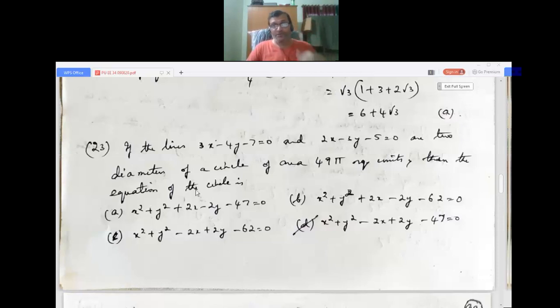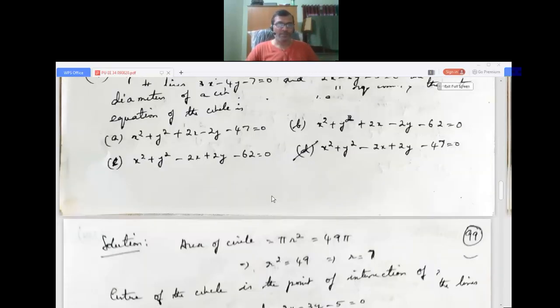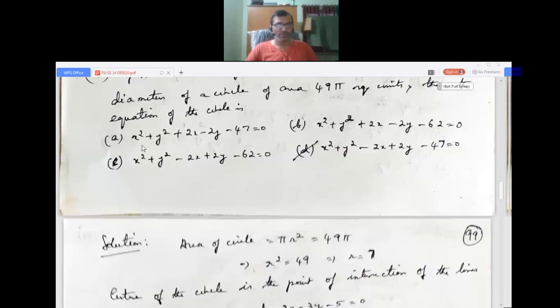Okay, if the lines 3x minus 4y minus 7 equals 0 and 2x minus 3y minus 5 equals 0 are two diameters of the circle of area 49 pi square units, then the equation of the circle is, first option, I hope you understood, simple it is.